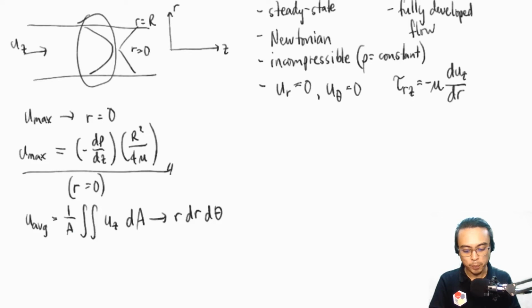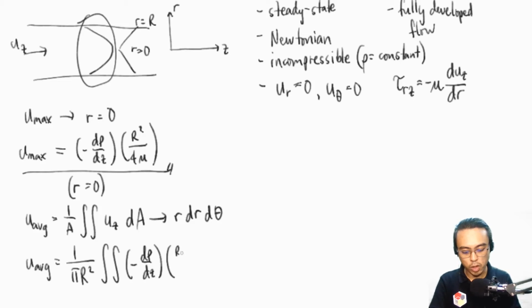Substituting, we have the average velocity is equal to 1 over pi capital R squared, double integral of the velocity profile u sub z, that is negative dp over dz times big R squared minus small r squared over 4 mu times r times dr d theta.